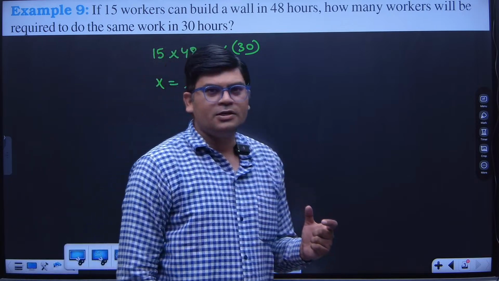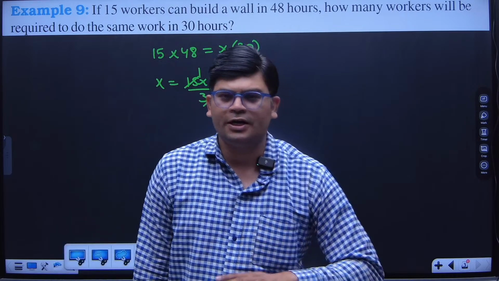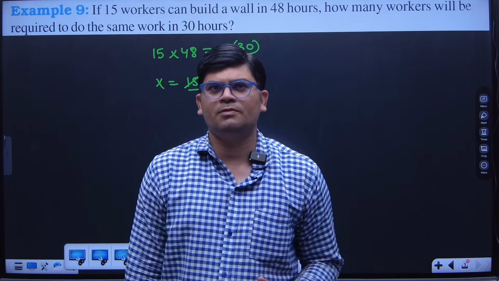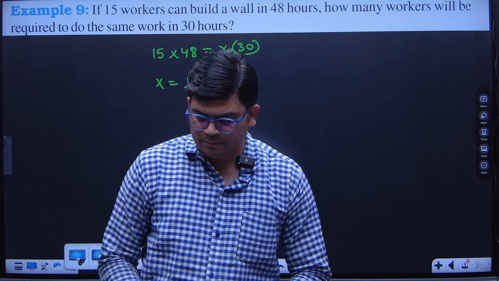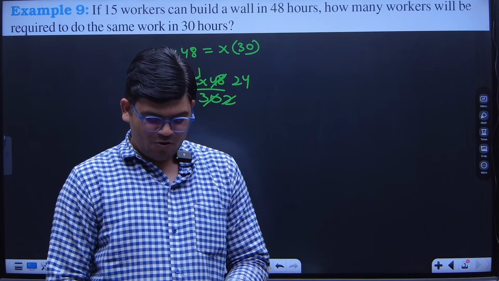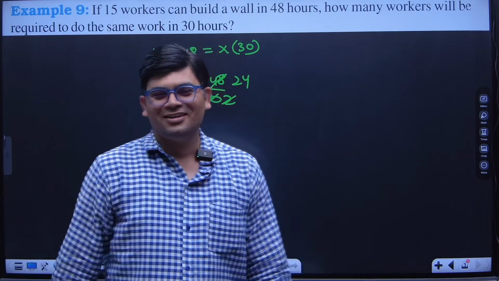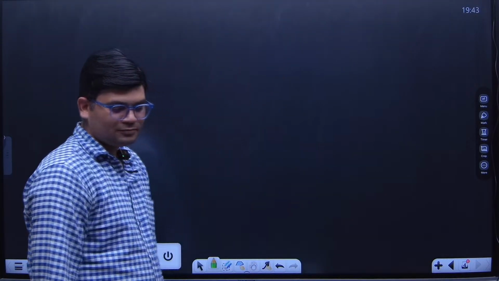But they are asking how many workers will be required to do the same work in 30 hours. If I change the question, how many more workers will be required to do the same work in 30 hours, then what will be your answer? Sir, we will subtract 15 from 24. Shabash. Good. Wonderful. So you got the point. Yes, sir.